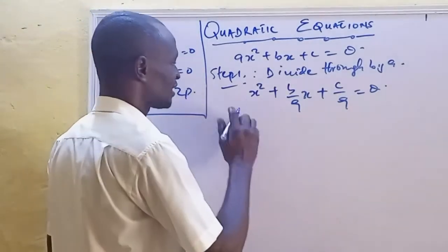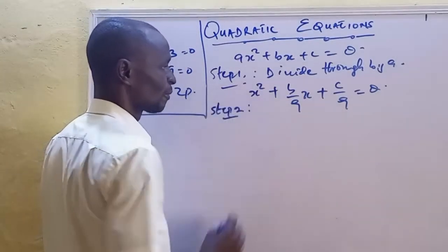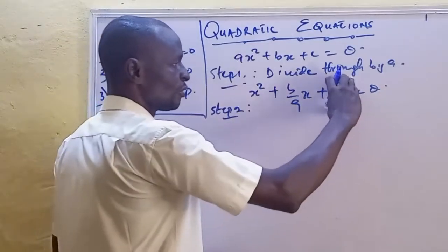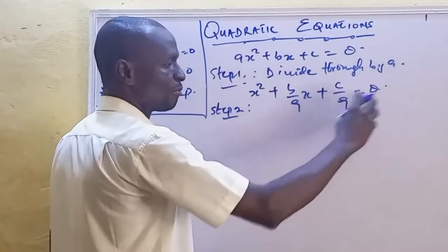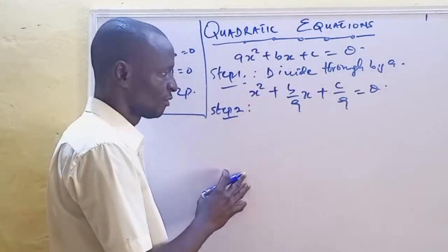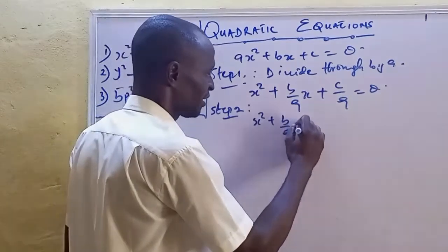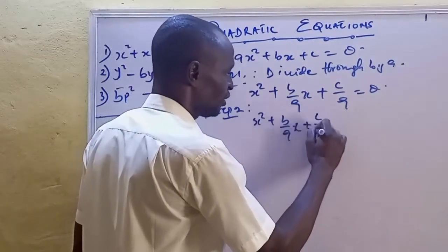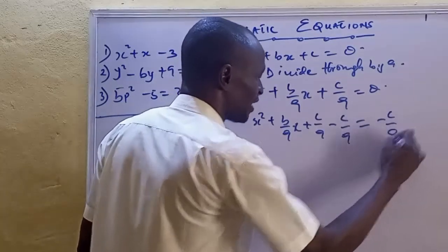So, in the second step, step 2, we're going to subtract c over a from both sides of the equation, so that it becomes x squared plus b over a x plus c over a minus c over a equals minus c over a.